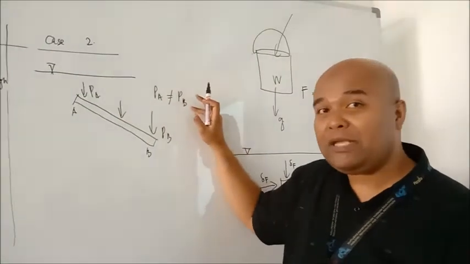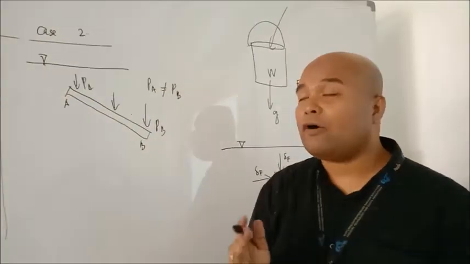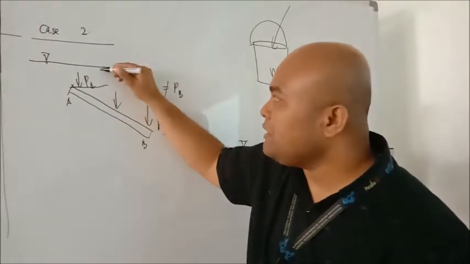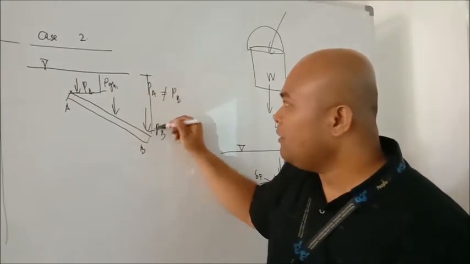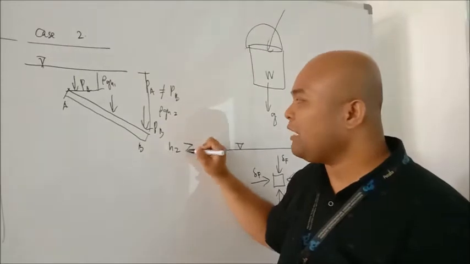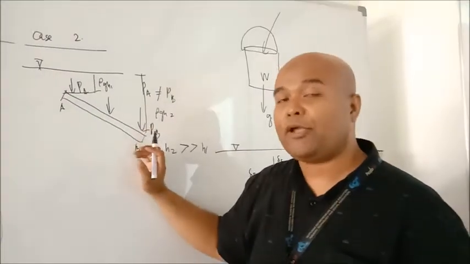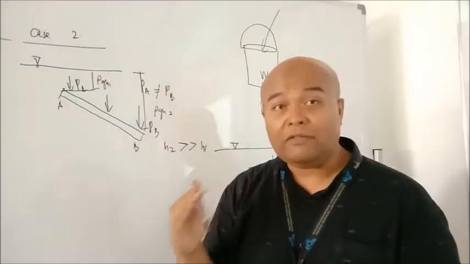Normally pressure at B is higher compared than A. This is because of perbezaan pada depth. Alright, so dekat sini rho GH1 dan dekat sini rho GH2, yang mana H2 adalah lebih besar daripada H1. So pressure at B point is normally higher compared than A in theory.